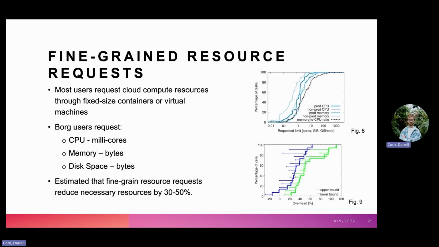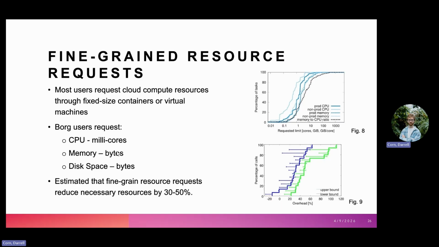The third reason for Borg's efficiency is that users can request resources at a very fine level. So most cloud resources are requested through fixed size containers, but Borg users can request a very specific amount of these resources. They request compute through millicores, and memory and disk space are allocated at the byte level.